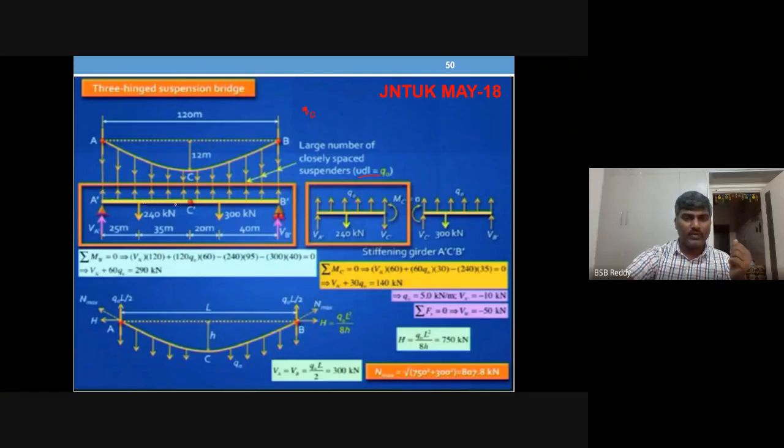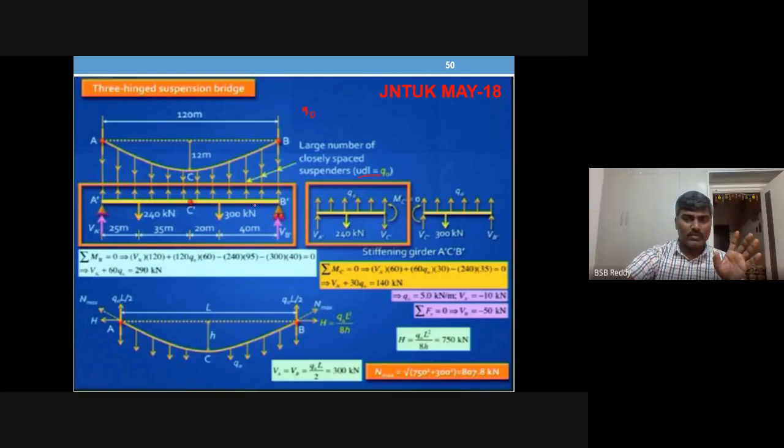Now this is the free body diagram of the girder, with three hinges. Where the hinge is removed, you apply a vertical reaction. What are the forces acting on the three-hinge stiffening girder?